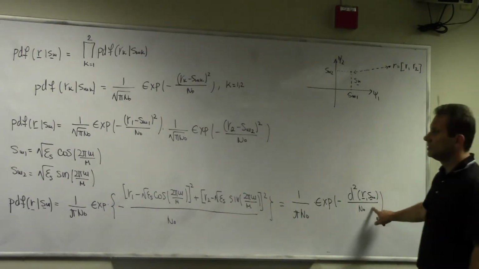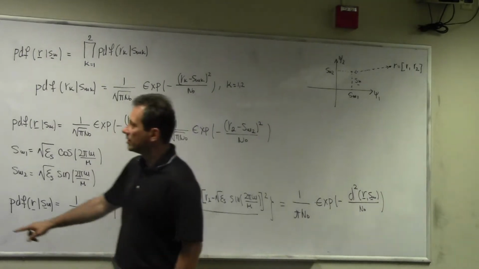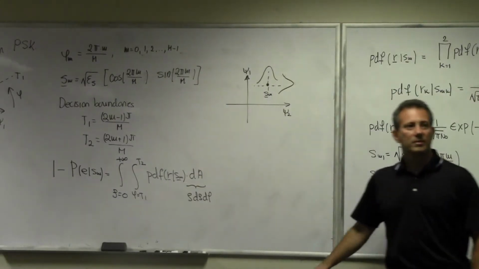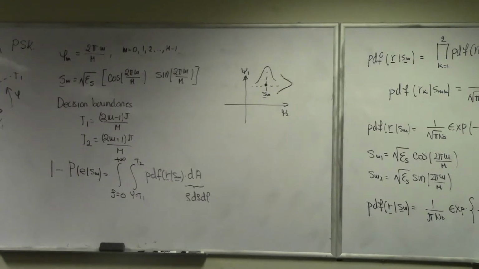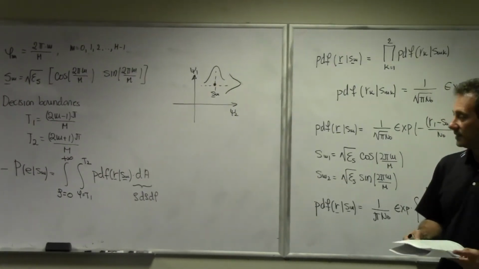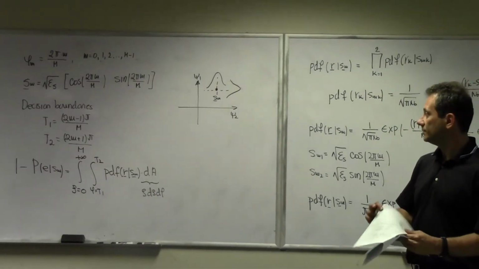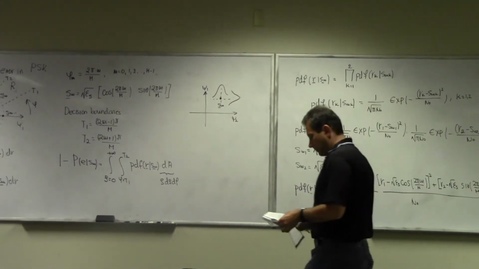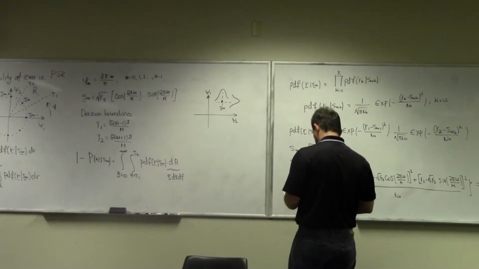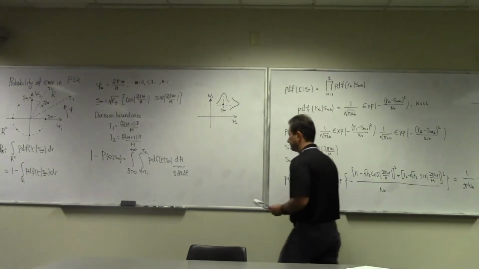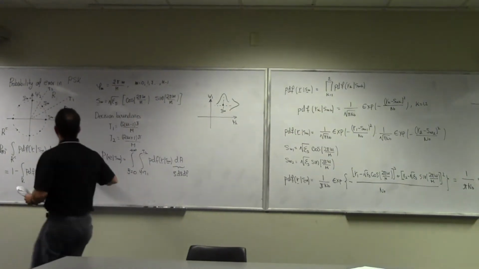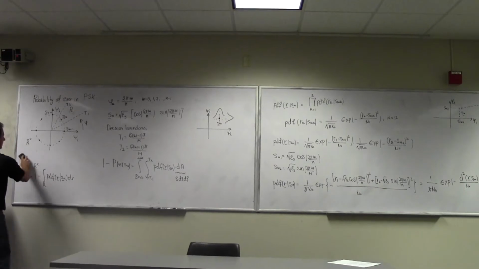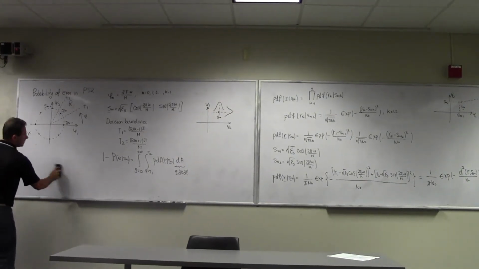I need to take this, put it in here, and hope for the best. Let's see if I can get that integral evaluated. Okay, let's do that. I'm going to leave this picture for reference, but I'm going to erase the rest of it.